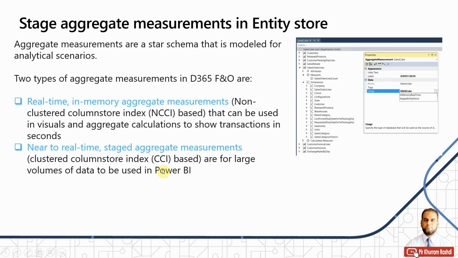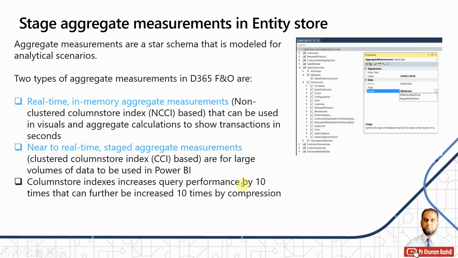In our case, we will be using near real time based on the high volume of data. As you can see, the staged entity store is near real time, and the in-memory real-time property is for the real-time in-memory aggregate measures. Column store indexes increase query performance by 10 times, which can further be increased 10 times by compression methods.